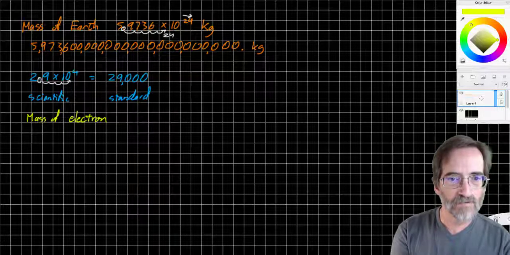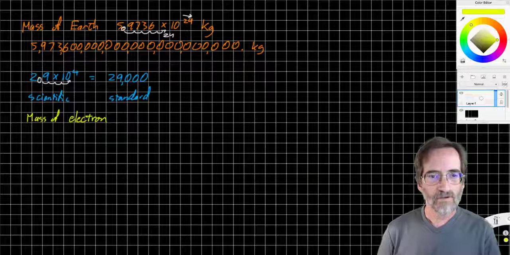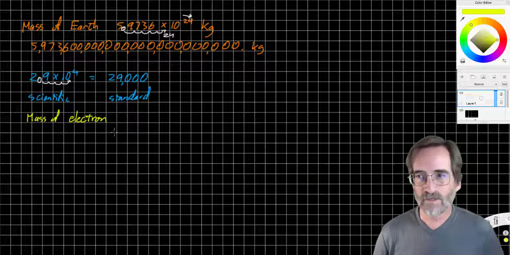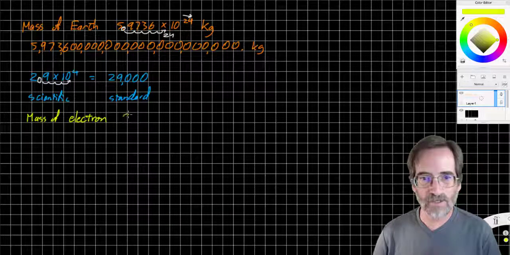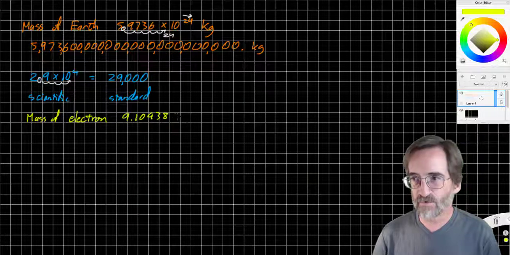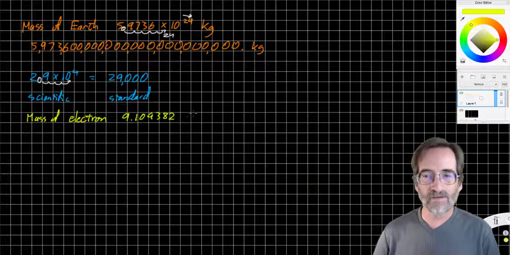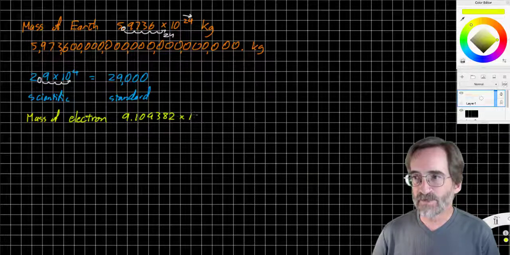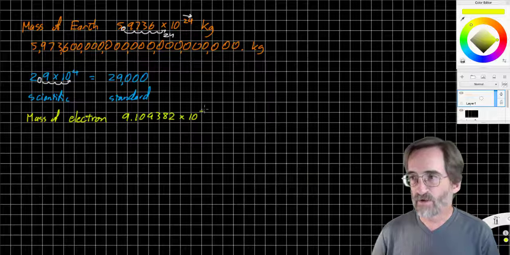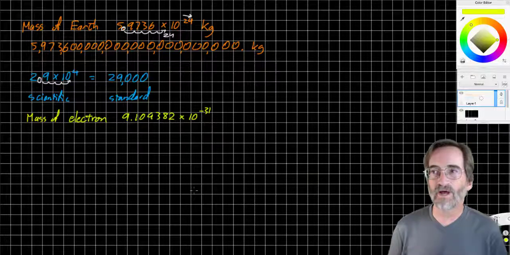Mass of electron in kilograms. Okay, here's what they say here: 9.109382, and they say E. Well, what that means is times 10 to the, E stands for exponential, E negative 31.